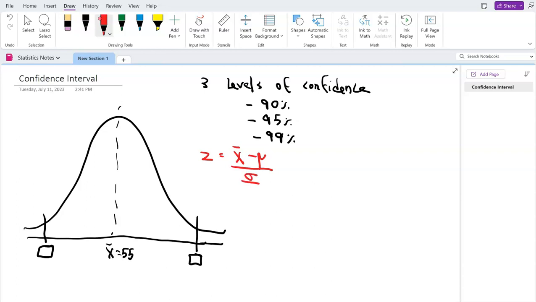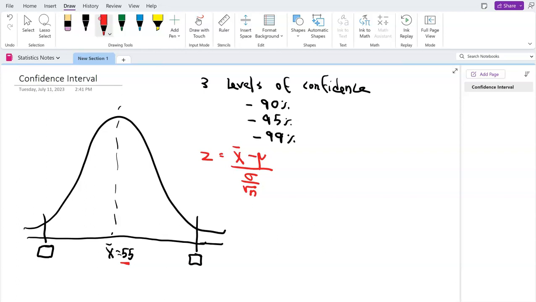This is coming from the central limit theorem. So I can calculate my z-value, so I can transform each of these numbers using the z-value.